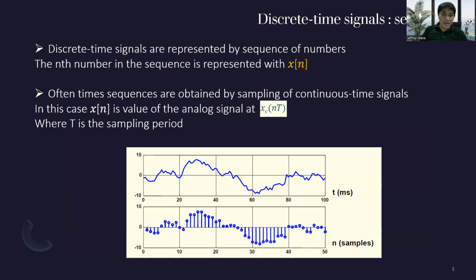In this case, x[n] is the value of the analog signal x_c(nT), where T is the sampling period. Here in the diagram, we will see the discrete time signal represented by x_c(nT).